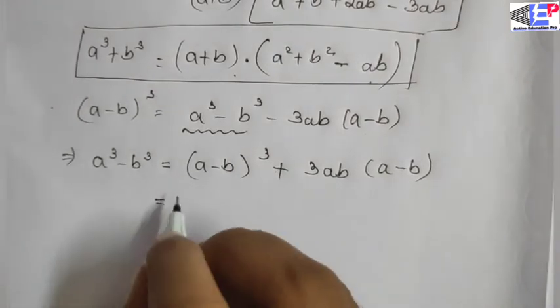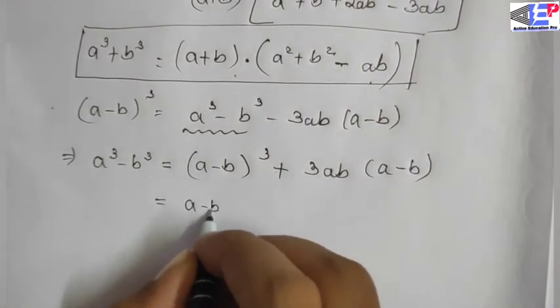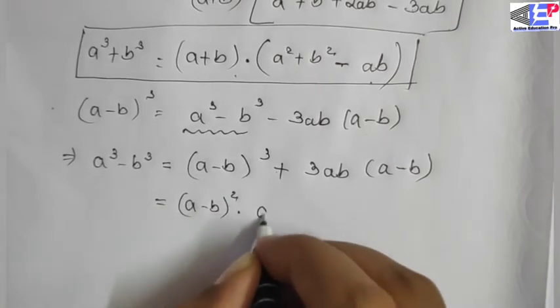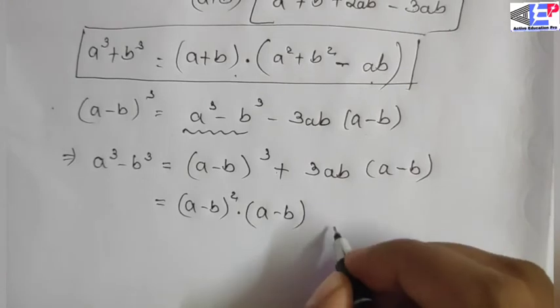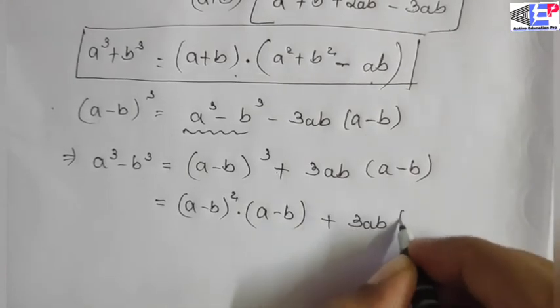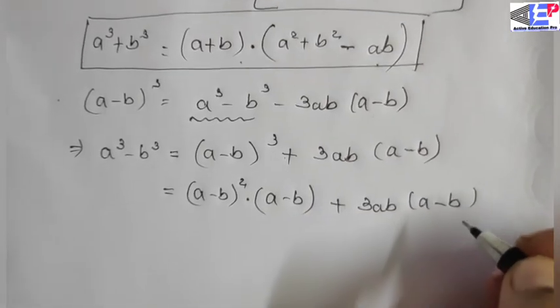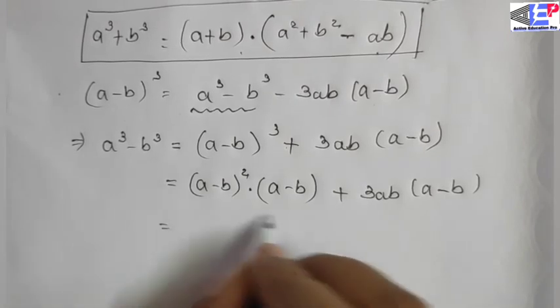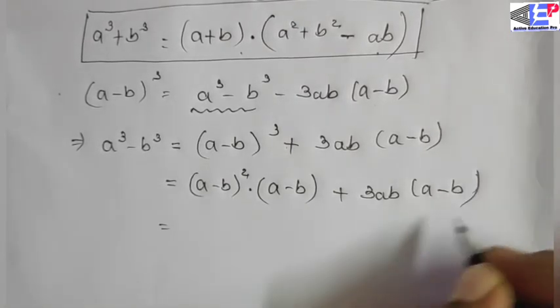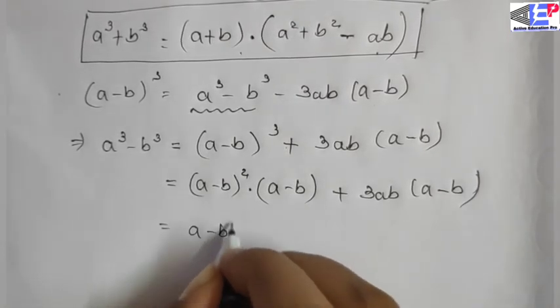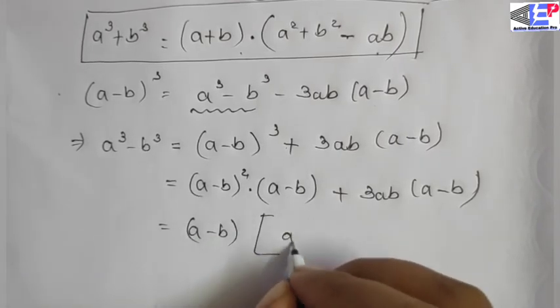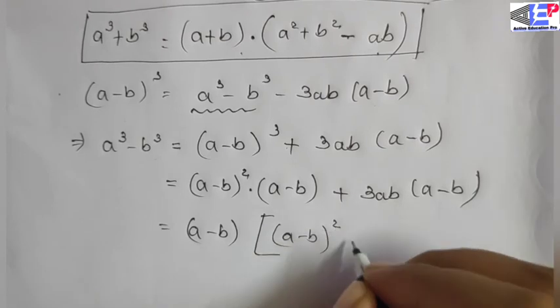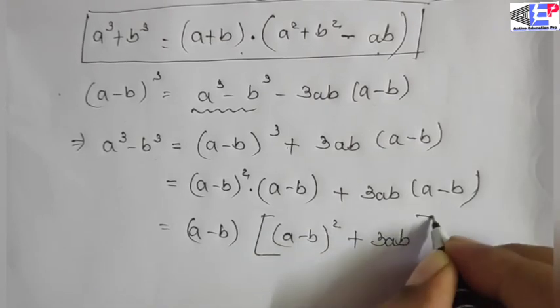Then simplify it. We can write (a minus b) whole square into (a minus b), then plus 3ab into (a minus b). Then take the common factor (a minus b). The remaining factors are (a minus b) whole square, then plus 3ab.